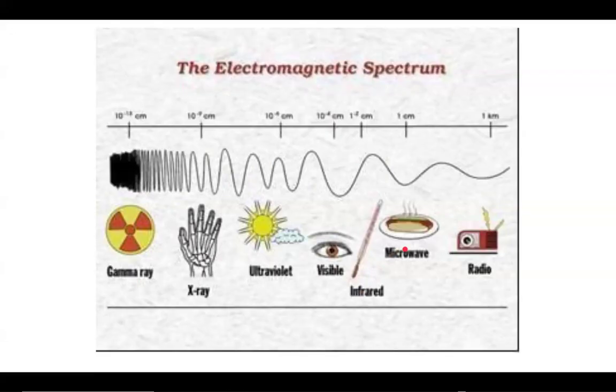This is what is happening in your microwave oven. It's small waves, and it's causing whatever is in it to vibrate at that same rate, causing it to heat up. And then longer than microwaves are radio waves.